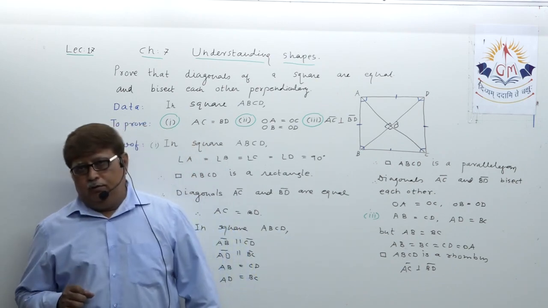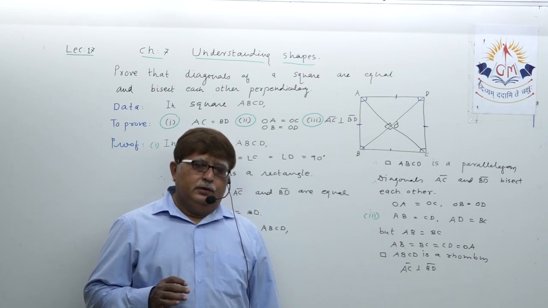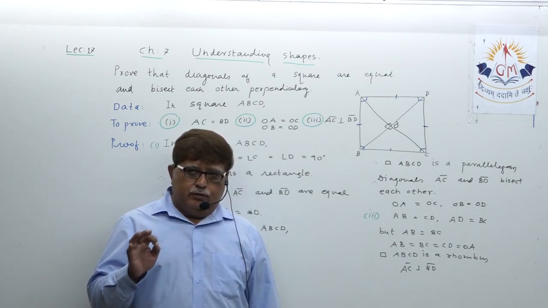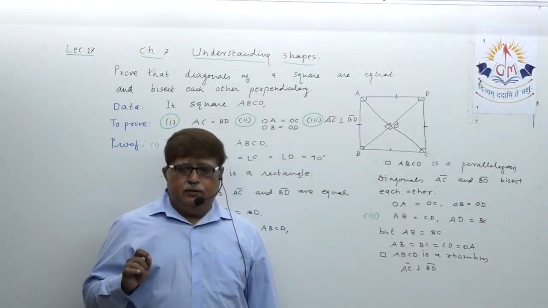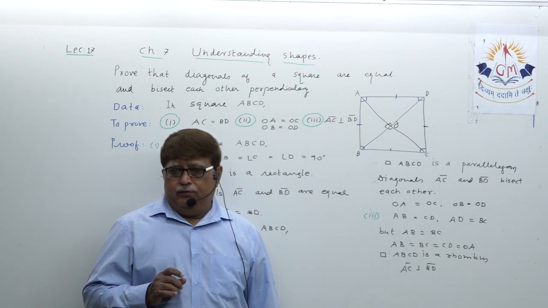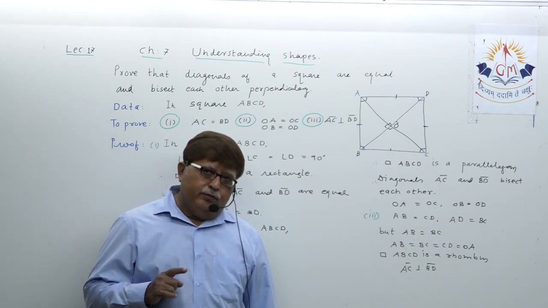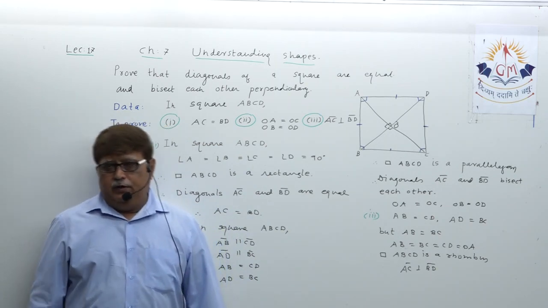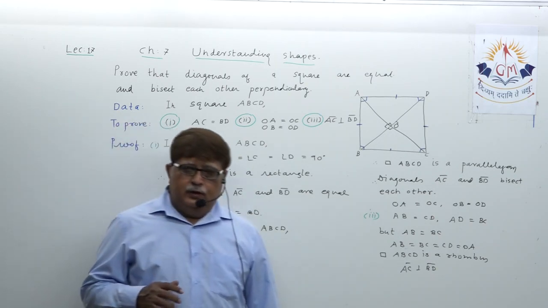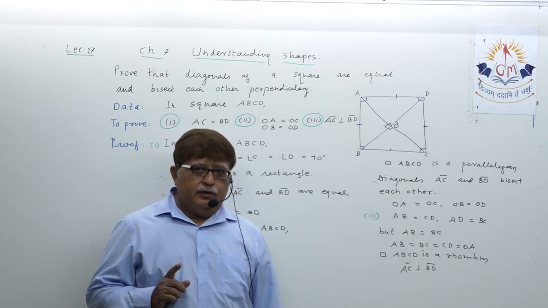If I ask you a very simple question, in which of the quadrilaterals mentioned below are diagonals congruent? Only in square and rectangle. In the rest of the quadrilaterals, either you speak about parallelogram or rhombus, diagonals are not equal.